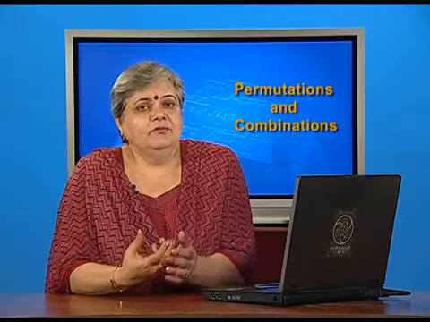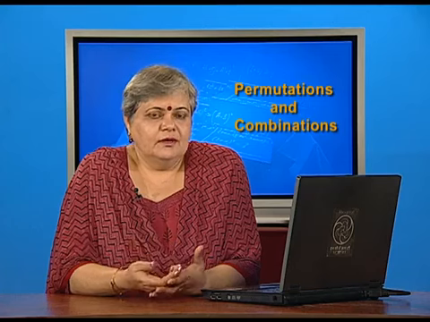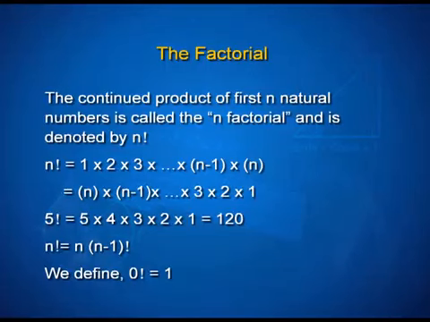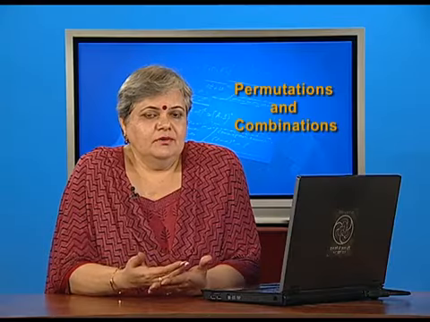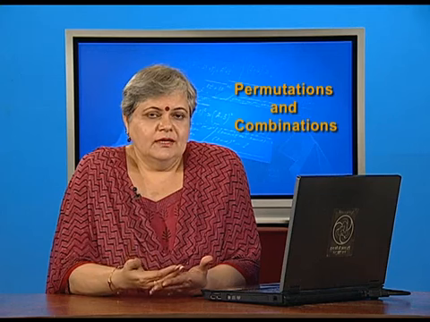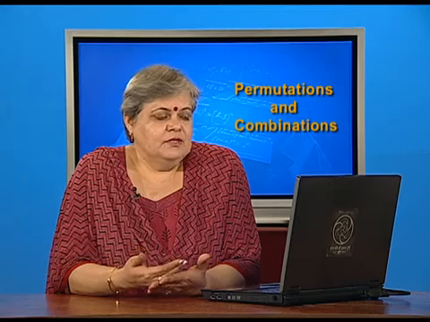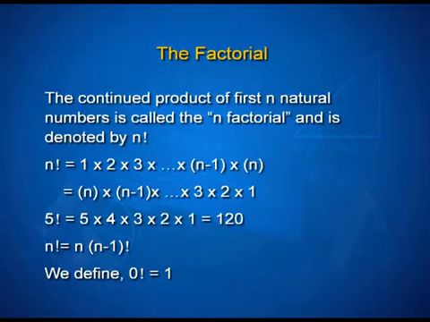That means 5 factorial could always be written as 5 times 4 factorial, because 4 into 3 into 2 into 1 is nothing but 4 factorial. And in general, n factorial can always be written as n times n minus 1 factorial.